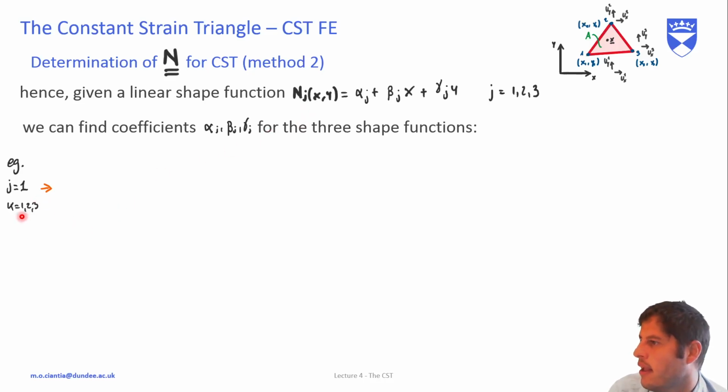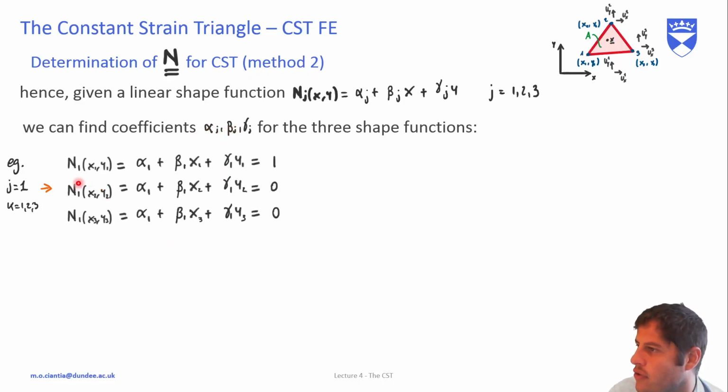Well, k will be 1, 2, 3, because we will look at alpha, beta, and gamma. Okay, so N1 in x1, y1, we said is equal to alpha 1 plus beta 1 x1 plus gamma 1 y1 is equal to 1. N1 in node 2 was equal to 0, and N1 in node 3 is equal to 0.